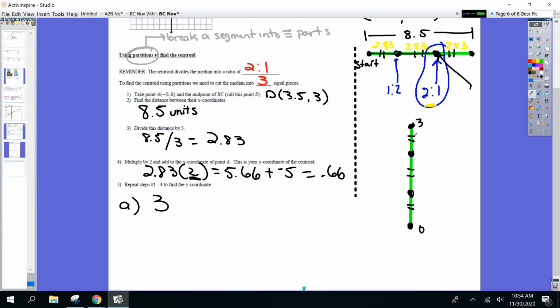Okay, so 3 units divided by the 3 equal parts I need to divide it up into. That means you're going to go 1 unit every time to divide it up evenly. Reminder, here's my centroid, my 2 to 1 point. 2 to 1.